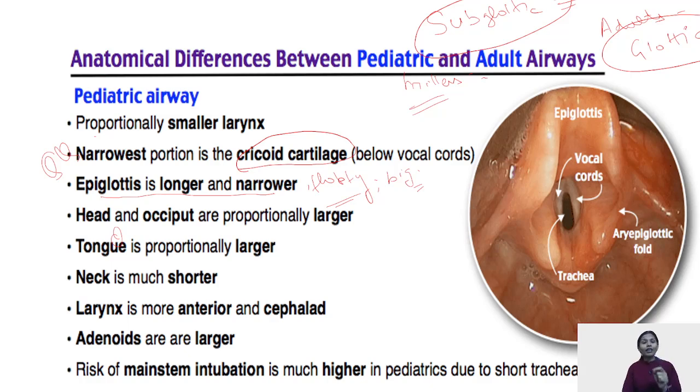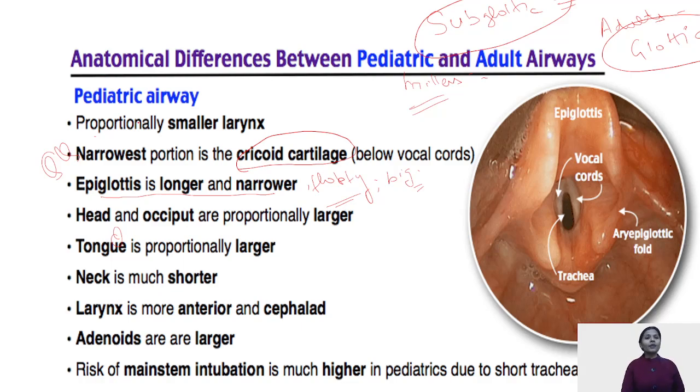I hope I'm very clear with my sentences. Then the risk of right endobronchial intubation is quite high in pediatric cases because of the short trachea and bronchus. So these are the main anatomical differences between pediatric and adult airway.